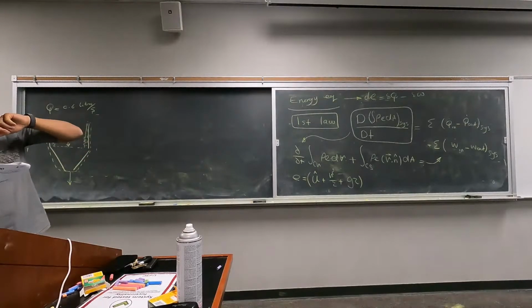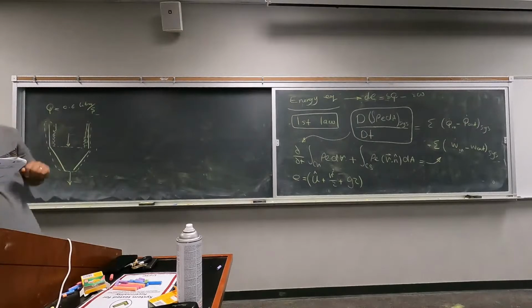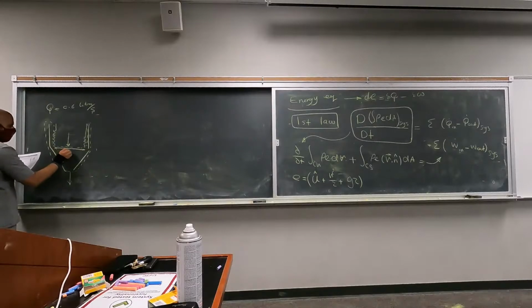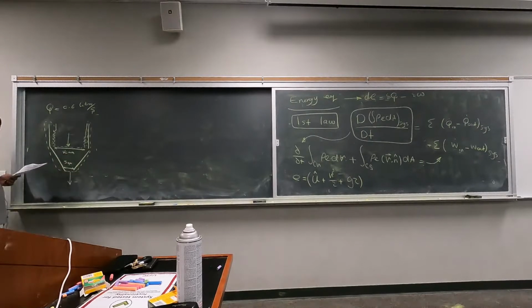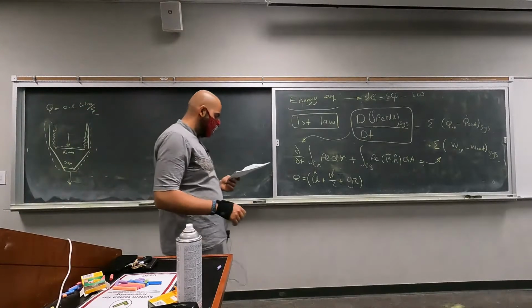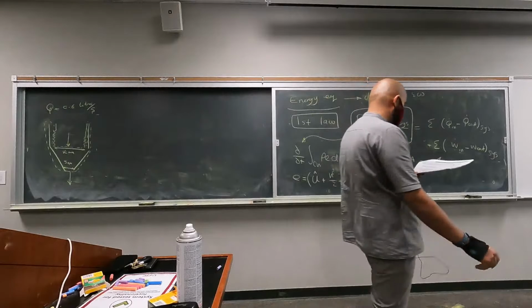The nozzle inlet and exit diameters are 16 millimeters and 5 millimeters. So 16 millimeters here, 5 millimeters here, respectively. The nozzle axis is vertical. The mass of the nozzle is 0.1 kilograms.